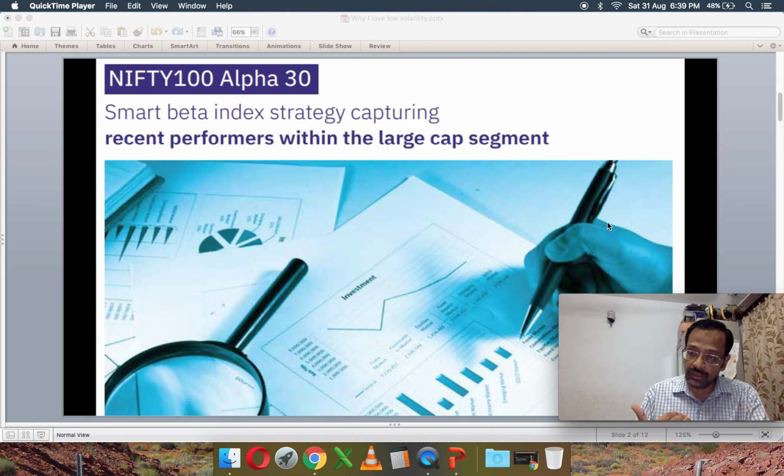So higher the alpha, better the risk-adjusted return. That is, for a given level of risk, the reward that the investor gets is justified. That's what a higher alpha means. Higher alpha does not mean higher return.